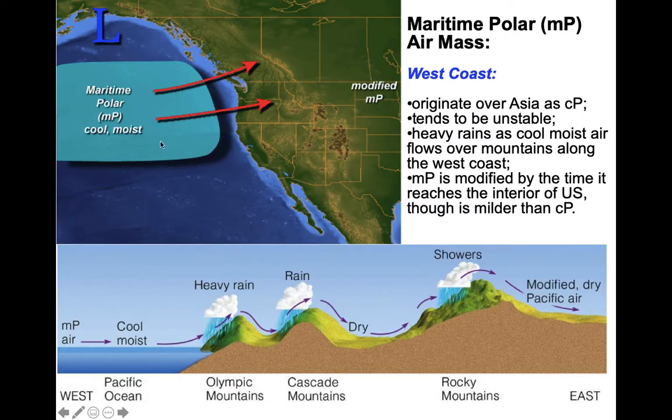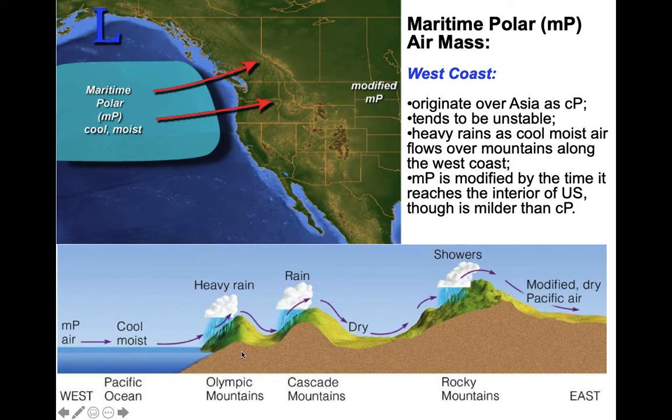So if you look at the maritime polar air mass a little bit more closely, this cool, moist air mass, again originating on the west side of the Pacific Ocean over the Eastern Asian continent, migrates to the east, and it brings heavy rains and very cold air along the west coast of the North American continent. This cross-section shows what happens to the maritime polar air mass as it travels from the Eastern Pacific Ocean over land.